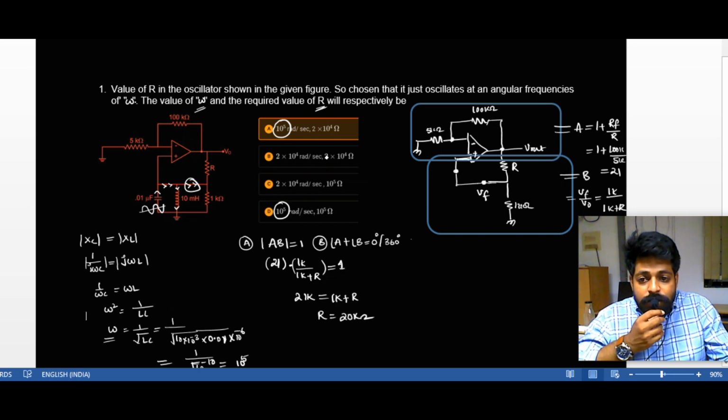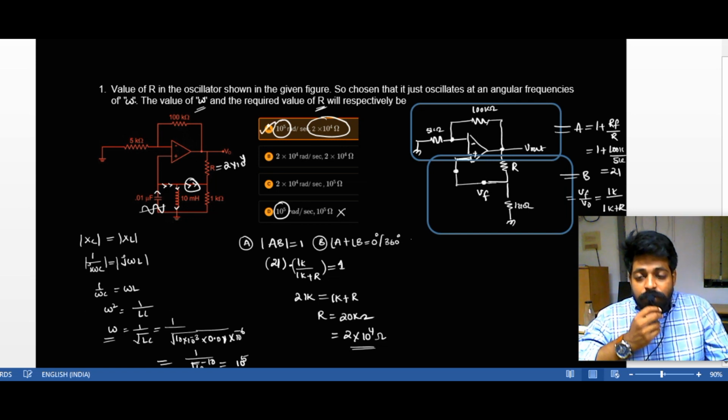And the resistance over here in terms of ohms means 2 into 10 to the power of 4 ohms. This much resistance we have to keep. So this value is around 2 into 10 to the power of 4, so that it will satisfy the condition A beta equal to 1, so that we can generate sustained oscillations. So this is the value of 2 into 10 to the power of 4, so the option A.